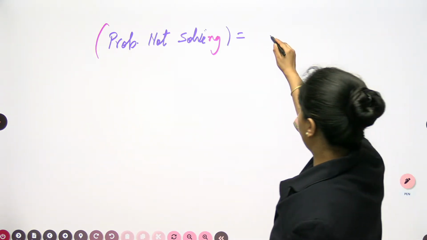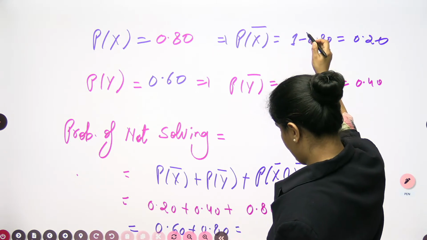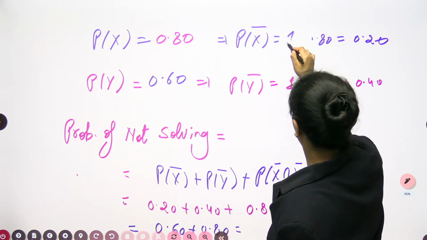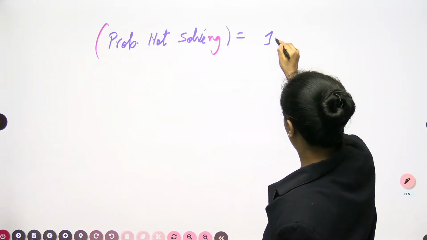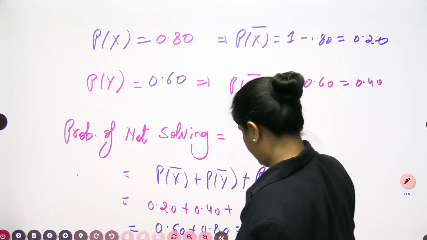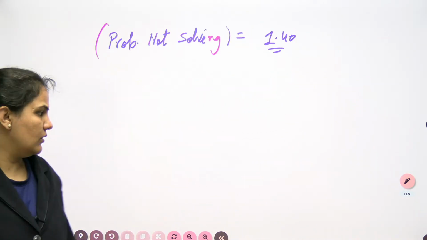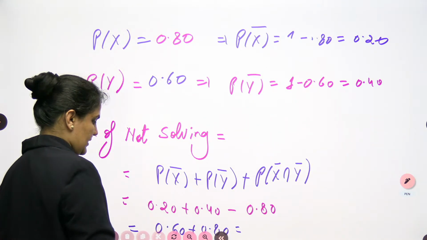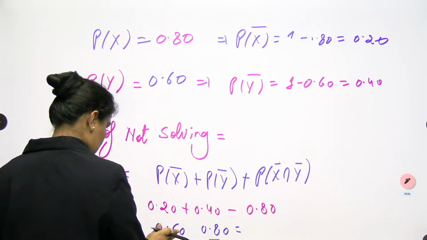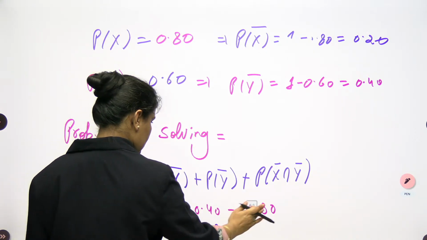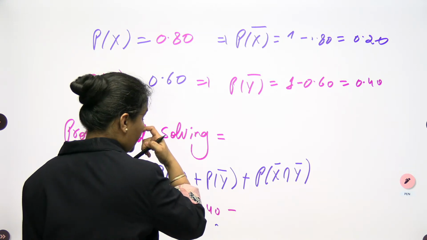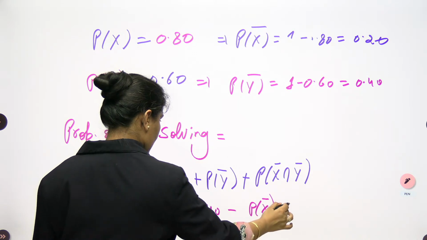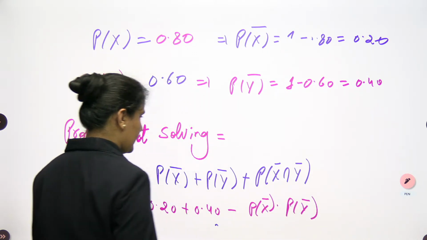So this will be 1.40. No, actually not 1.40. I need to subtract here, because this is neither-nor that I am asking about. So this will be minus this. Why did I write X bar and Y bar?